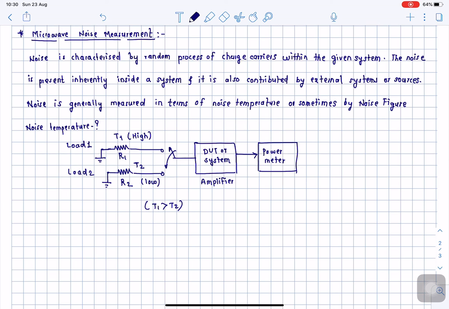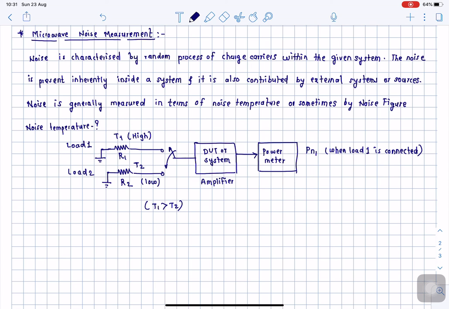Here, first we connect the device under test to load number 1. Load number 1 is at higher temperature T1. Now we are going to measure power in the power meter. Let us call this power Pn1, the power when load 1 is connected. Then we measure this power and denote it by Pn1.